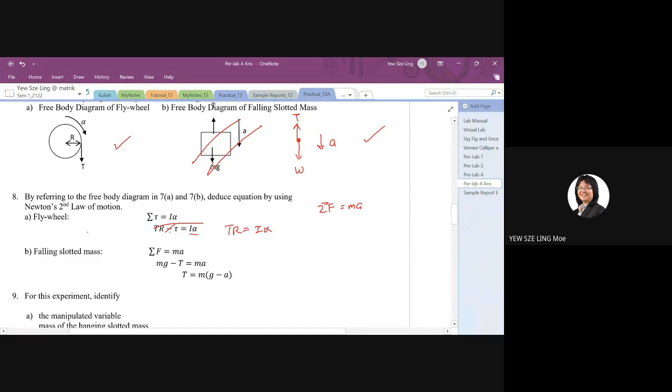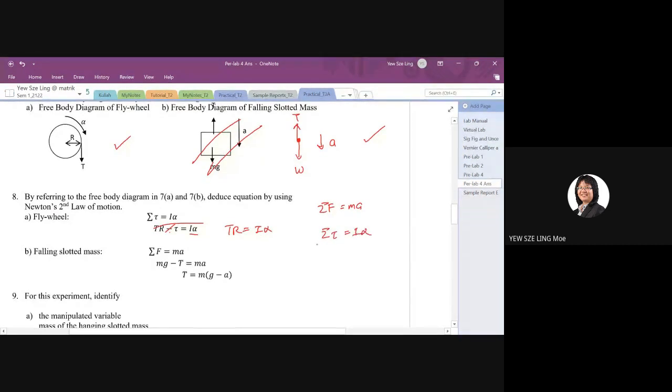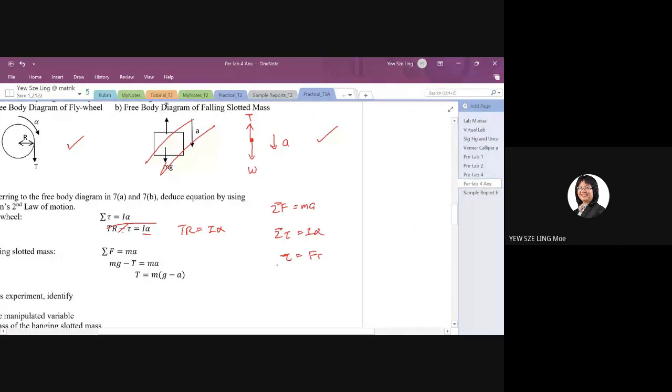So in a flywheel, you are looking for the force that causes the object to rotate. Other than torque equals I alpha, the definition of torque is actually equal to FR. Same thing: if you want to transform from linear motion to rotational motion, you add an R in the equation.